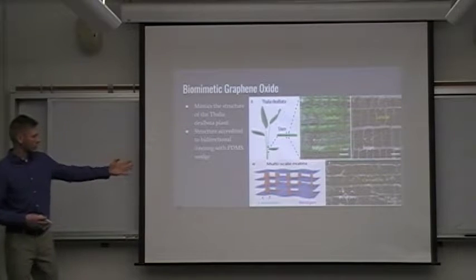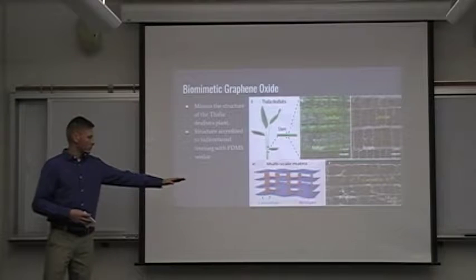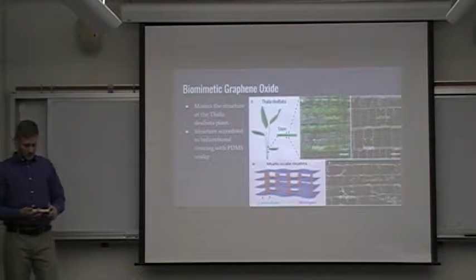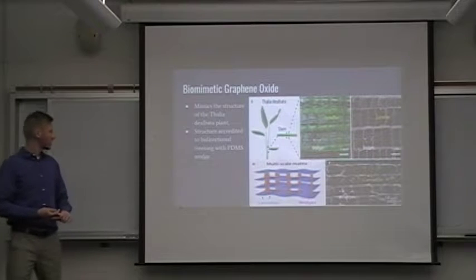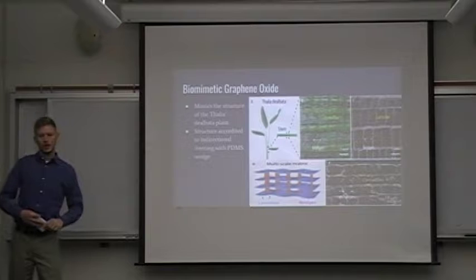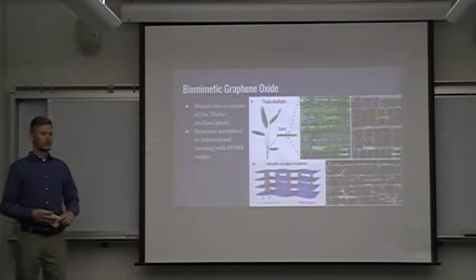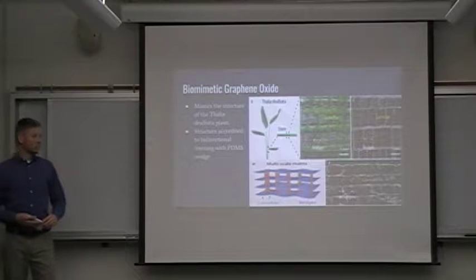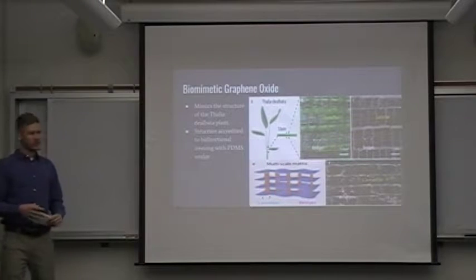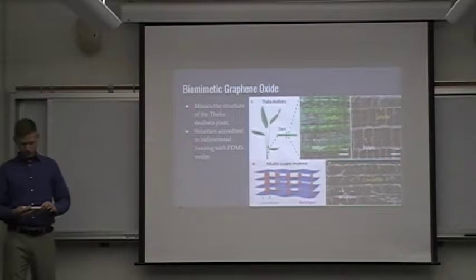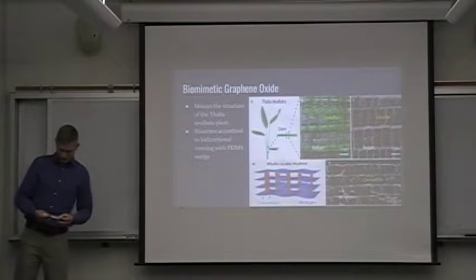So cellular scale, and then they make it a smaller molecular scale. The graphene oxide aerogel gets its structure through a method that uses a PDMS, polydimethylsiloxane wedge, as a cooling gradient, and that will be spoken of soon in this presentation.